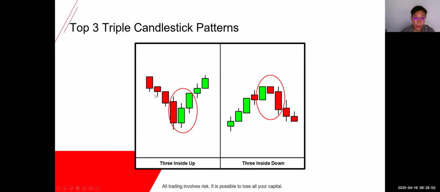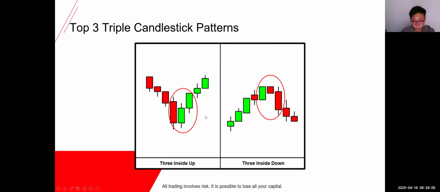Then this one we have the three inside out. This one is a little bit hard to find, so usually I don't focus too much on this. It's a little bit hard to spot as well.